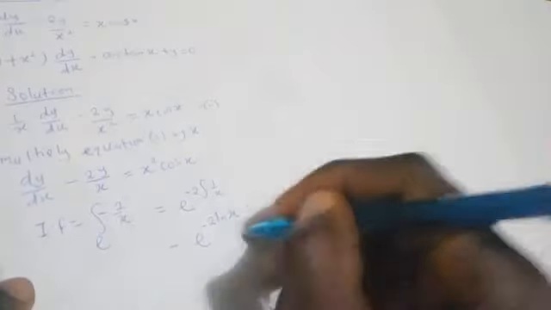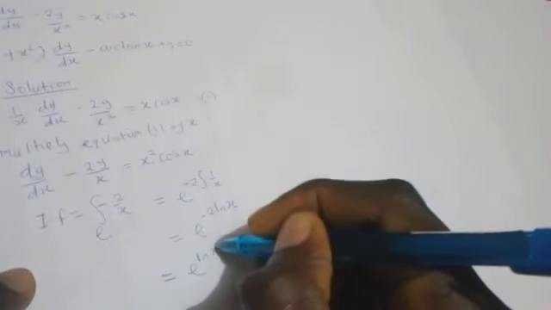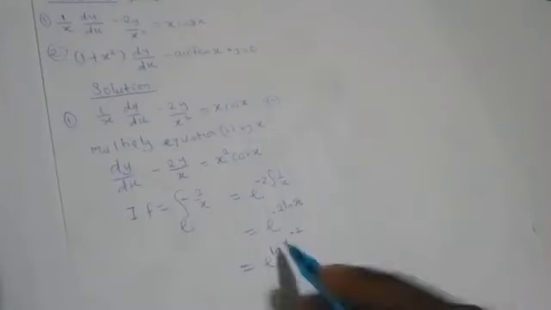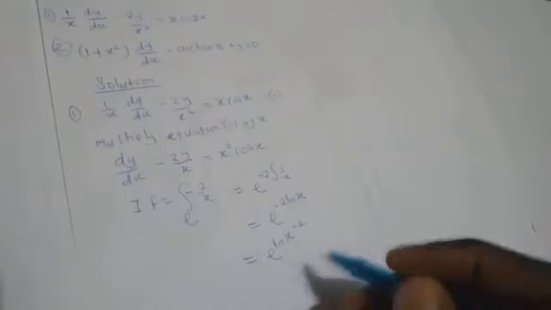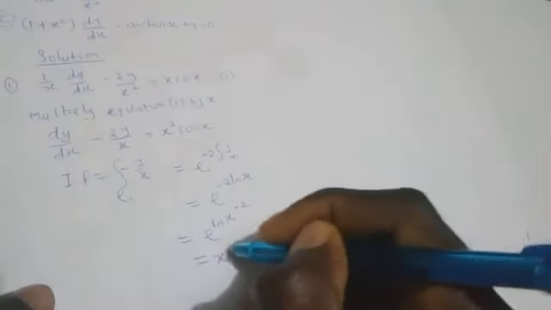I'm not going to stop here. I can also follow the law of logarithm of powers, so this equals exponential of ln of x raised to the power negative 2. Now I have gotten this integrating factor, and I use it to multiply everything here. Exponential and ln cancel out, so the integrating factor is x raised to the power minus 2.